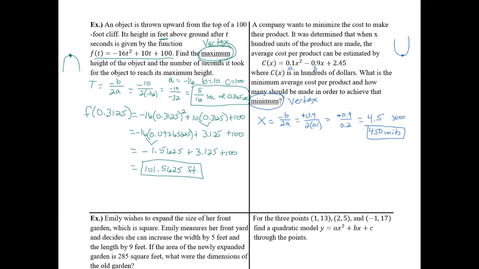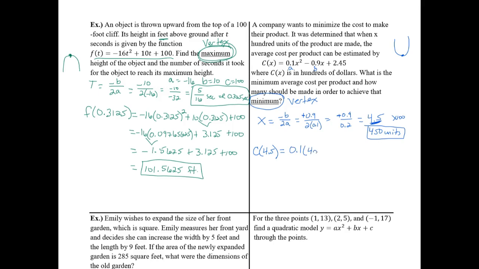Now what is that cost? Well, we have to plug in our answer. So C of, using our original answer, because X is in hundreds of units, we're going to plug in 4.5 and evaluate our function.